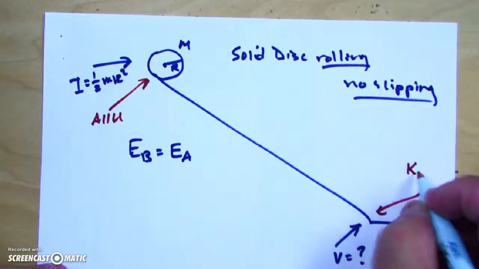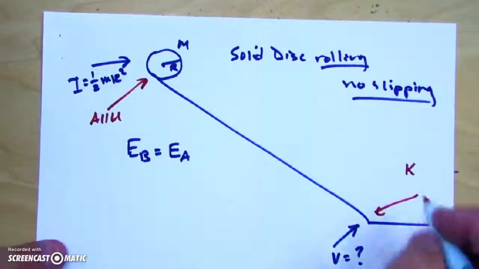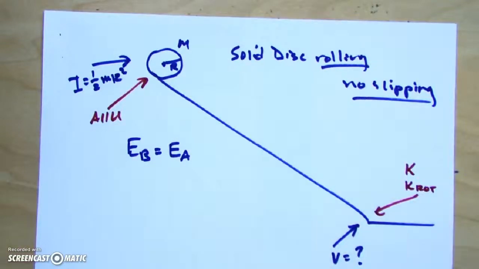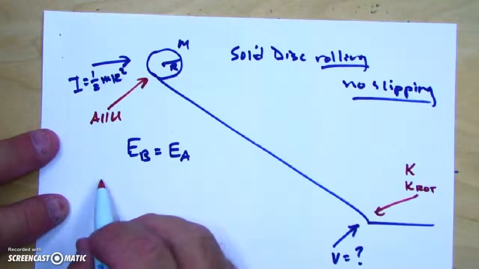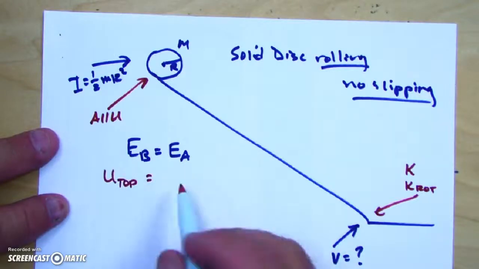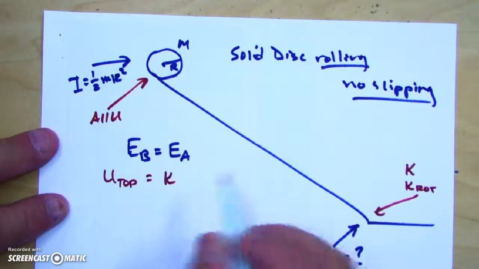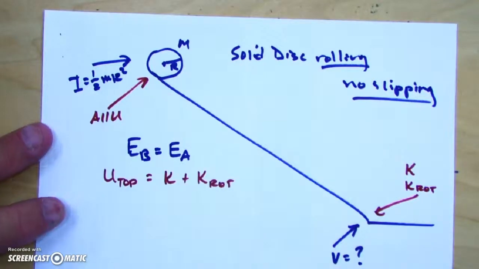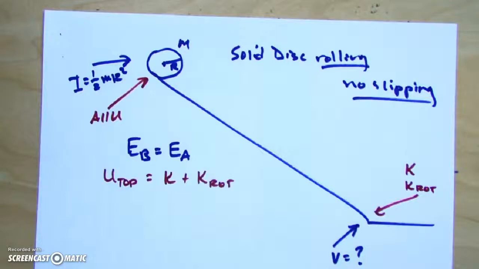I have the good old-fashioned linear K that I've always had, but I also have some rotational K. At the top, it's U at the top. Everything else is 0. And then down at the bottom, I have K linear plus K rotational.